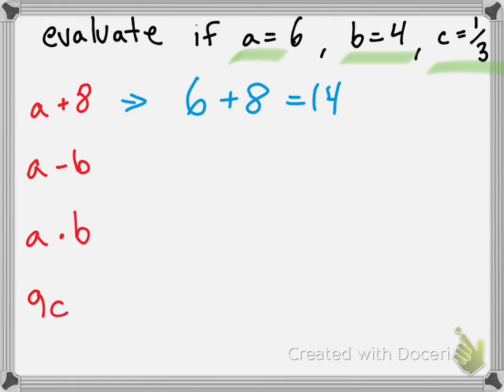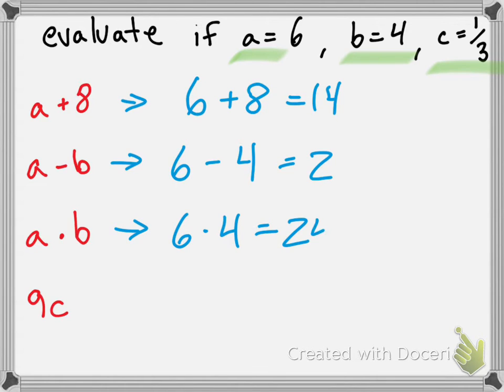Delaney, what about the second one? 2. I plug in the 6 for A. I'm taking away the 4 that is B, and I get 2. Vahe, what's the third one? Plug in the 6 for A, plug in the 4 for B, and you get 24. Multiply that. Perfect, because we're multiplying it.